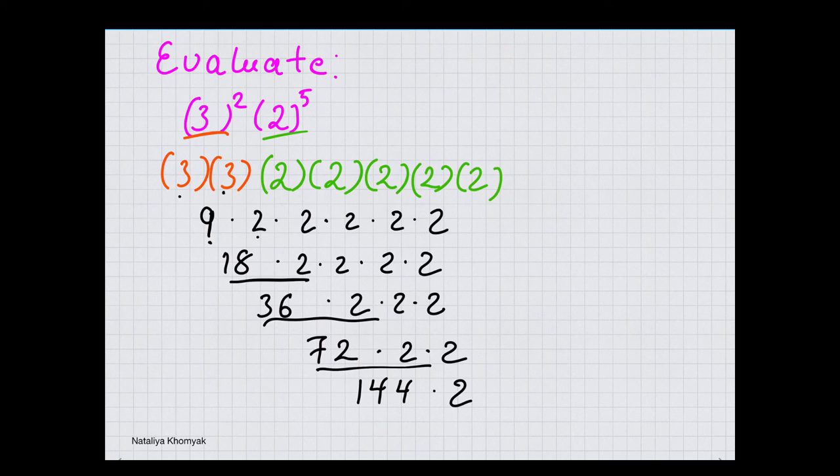And 144 times 2 is 288. And that's our answer. That's all.